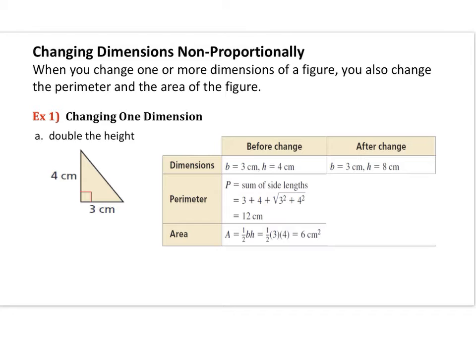So now let's take a look at changing one dimension only. And we are going to double the height. So now the height is 8. Base did not change. Have to use the Pythagorean theorem again. So I square the 3, square the 8. These are not perfect Pythagorean triples, so we can't just use that knowledge. We have to actually use the Pythagorean theorem here. So 9 plus 64 results in 73.